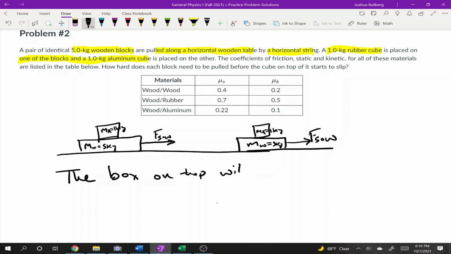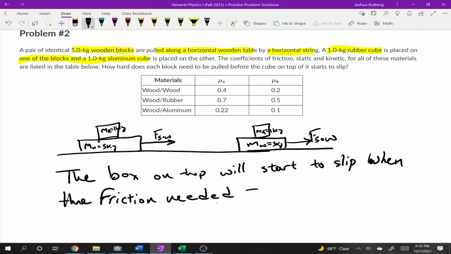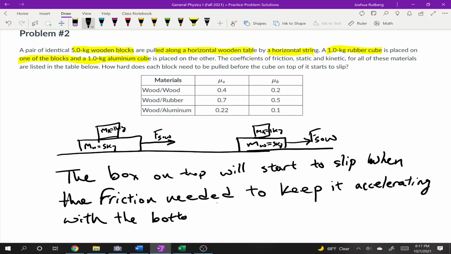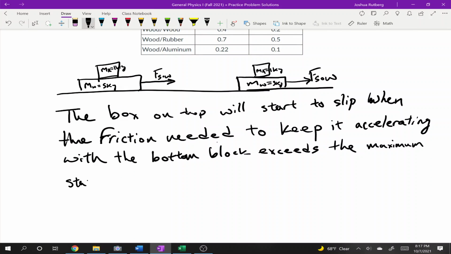The box on top will start to slip when the friction needed to keep it accelerating with the bottom block exceeds the maximum, the threshold, static friction.